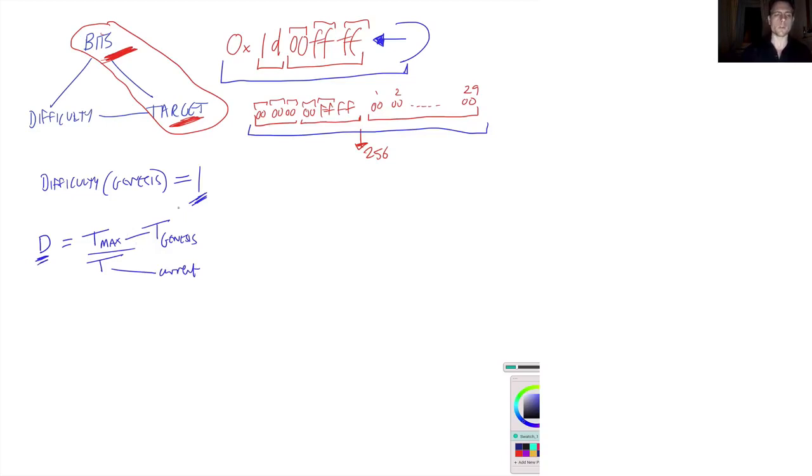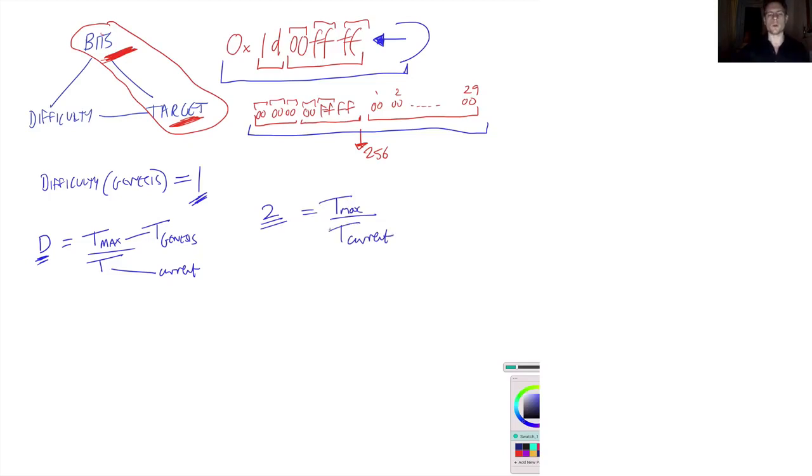So basically, if at any given time we see a block that has difficulty of 2, the number 2, what that means is that T max divided by the current target equals 2, right?